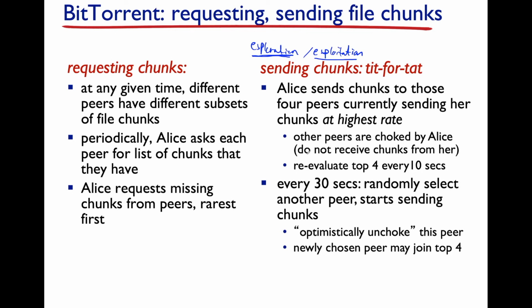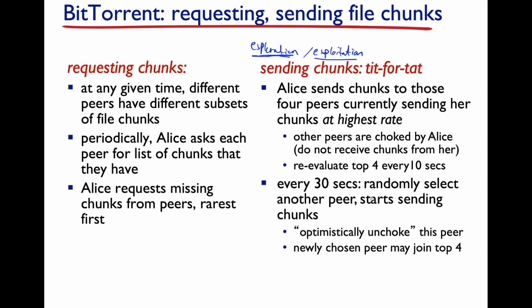And so she's always saying, are you still the best trading partner? Do you still have more chunks for me that I do not possess? But she chokes off those who are not the top 4. But at the same time, she gives others a chance that might not be the best trading partners. So every 30 seconds, Alice does this exploration. Every 30 seconds, she randomly selects another peer and then starts sending chunks to that peer.